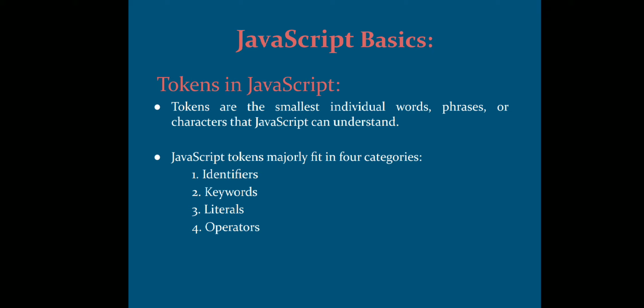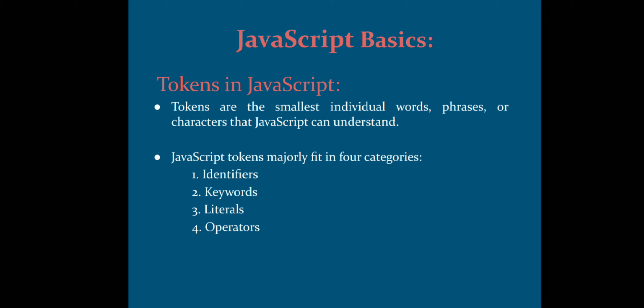After learning words, we'll proceed to sentences. Then by using a group of sentences, we'll make a paragraph. Likewise, whenever we are learning any new programming language, first we have to start with tokens.